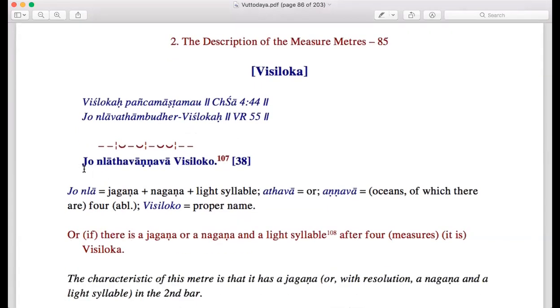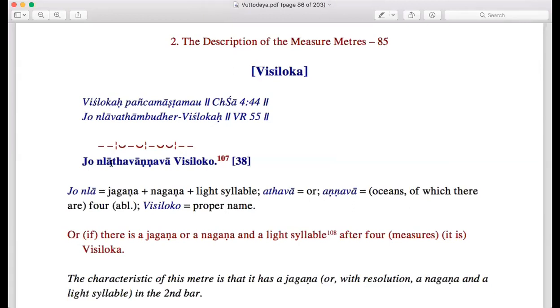And let's check the rules. Jon La: there are 4 measures, right? Jon, 2 measures. La, 2 measures. So there are 4 measures. This is the Annava, the ocean, 4 measures. After this Annava, in other words after these 4 measures, there should be a Jagana or Nagana with the Lahu.